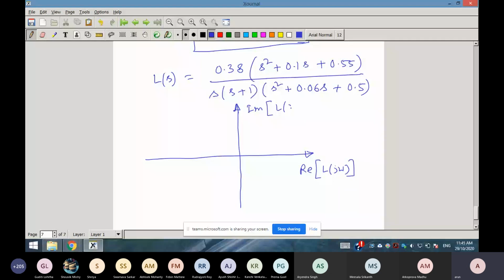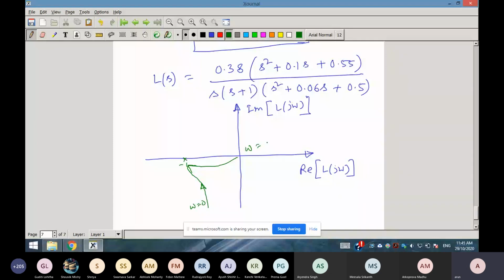Imaginary of L(j omega). The Nyquist plot shows this is your minus 1 point. So it will be like this. Omega equal to 0, omega equal to infinity.